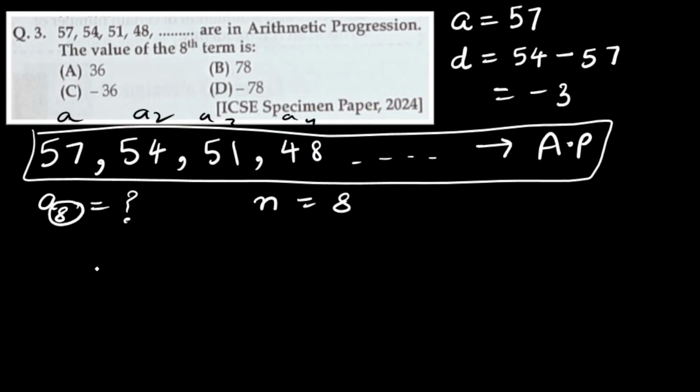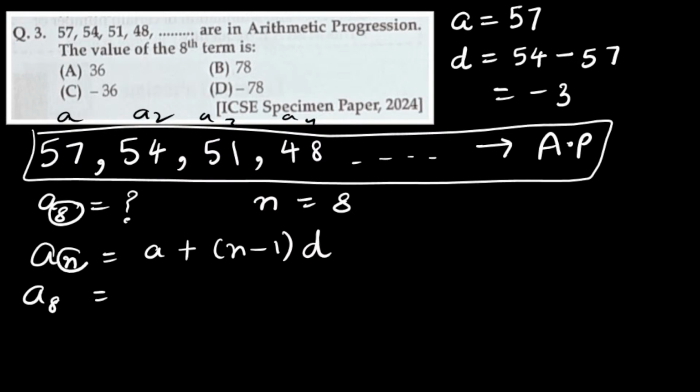So we can make use of the general formula. The formula is an equals a plus n minus 1 into d. So we have to find a8. Wherever n is there, replace n with 8. A's value I can substitute, 57 plus, n is 8, 8 minus 1 into d, which is minus 3.